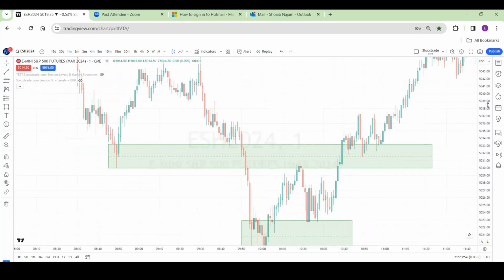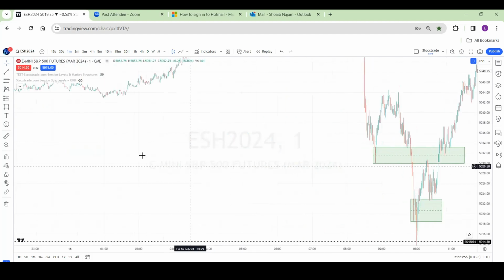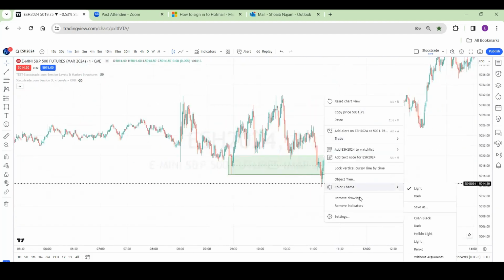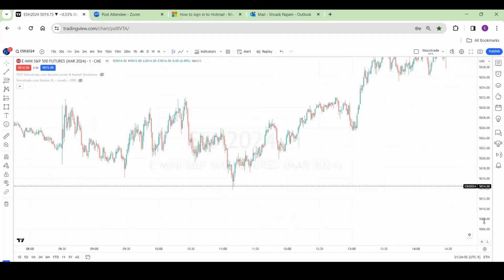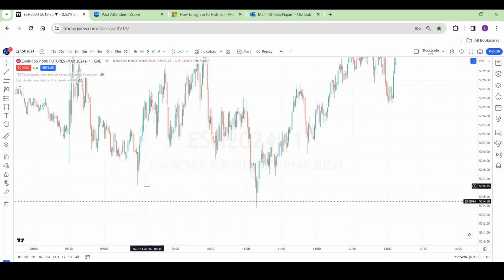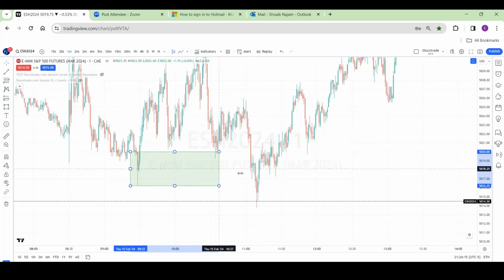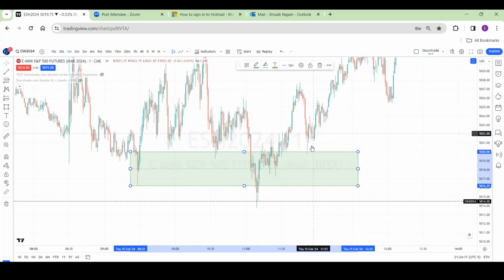But once you look at the charts anywhere else, let me show you. Suppose this is the extended breaker block, let me mark this. It is mitigated by this area, yes, but still it is working.